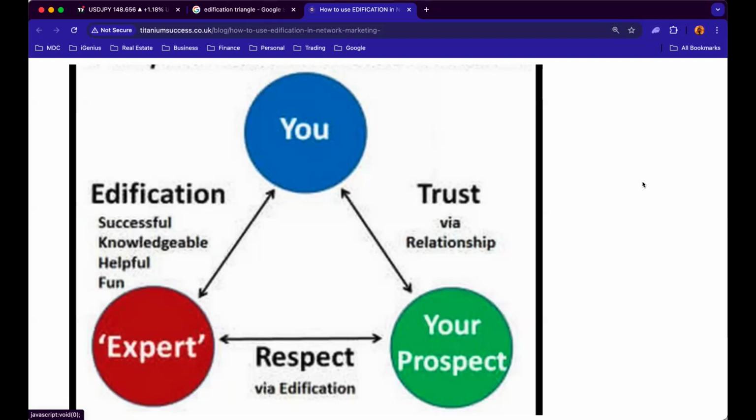And just like a lot of us on this call, this was completely like a foreign language and didn't make any sense when we first got started. So you have to remember that the people you're talking to are coming from the same place, and they need the same kind of process in order to conceptualize everything that's going on. That's your duty, your responsibility, as someone sharing the information. So when you're getting started, you just get them connected with someone that can share the information correctly. And this is the edification triangle.